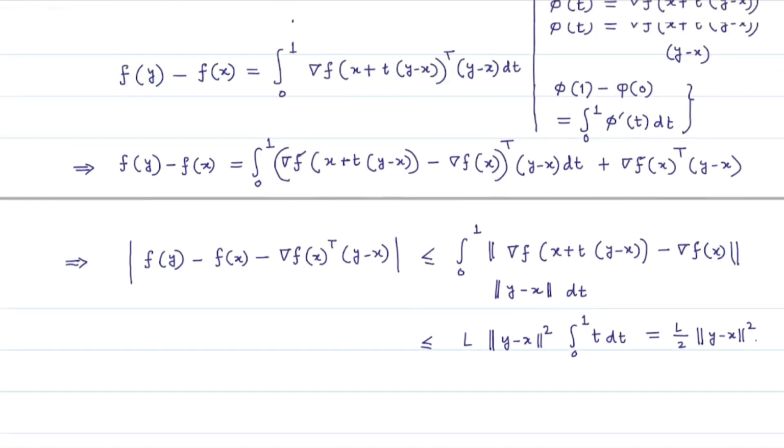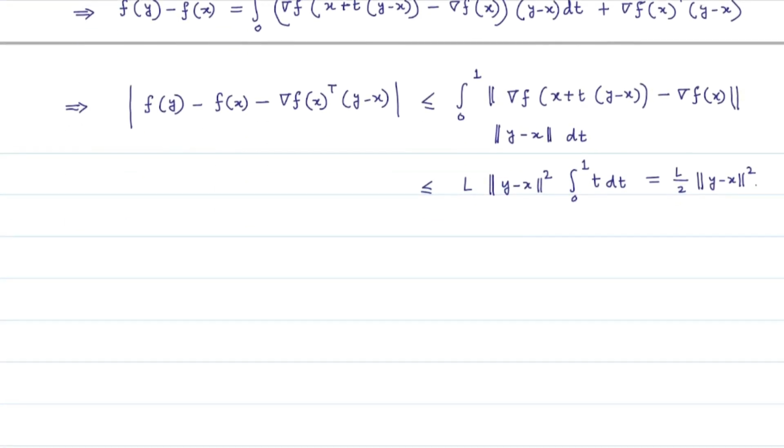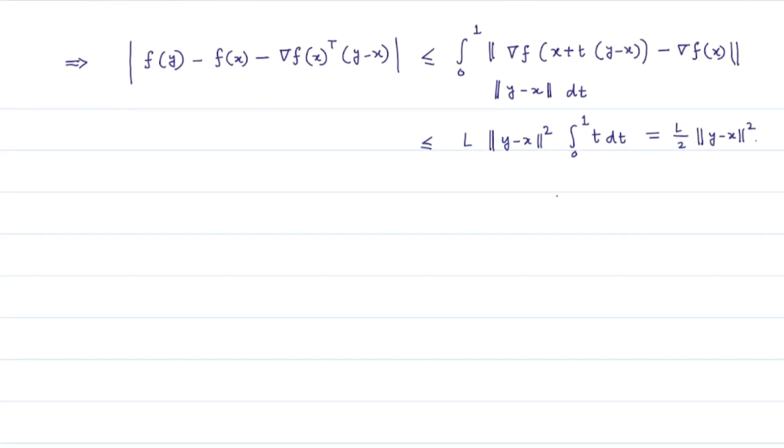That is exactly what this result states, that if f is a C^{1,1}_L function, then the absolute value of this entire expression is less than or equal to L by 2 times norm of x minus y squared. Now with the help of this result that we have just derived, we shall execute an estimate of the reduction of the function value by the movement from one point x_k to the next point x_{k+1}, where these x_{k+1} are generated by the steepest descent method.